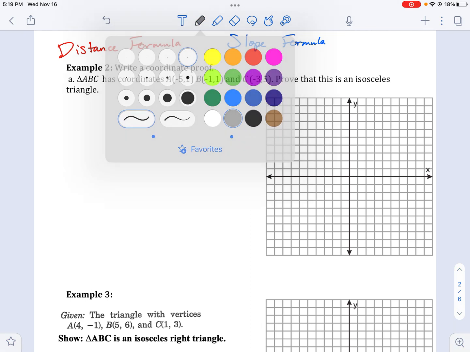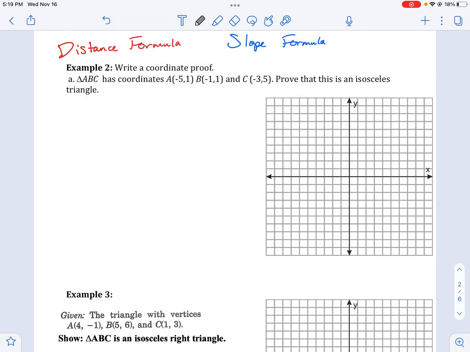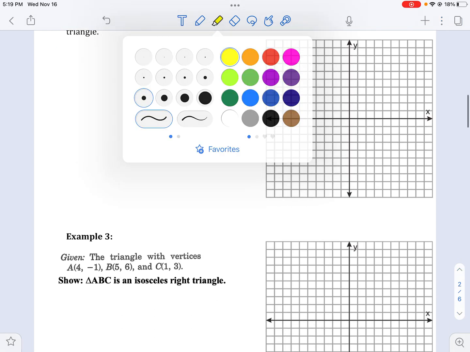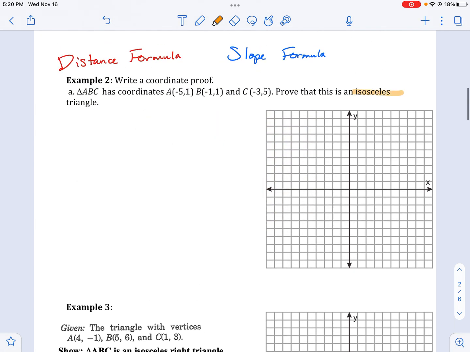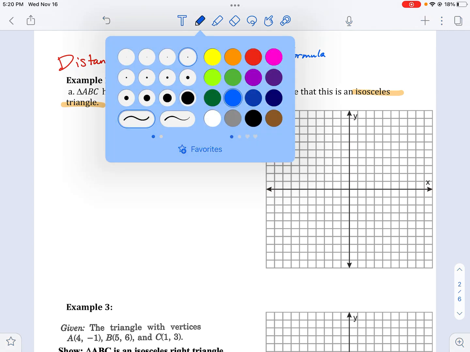So our first proof here, I want to prove that this is an isosceles triangle. I need to know, first of all, what am I trying to prove? I'm trying to prove that this triangle is isosceles. What does that mean? That means that the triangle has two congruent sides.